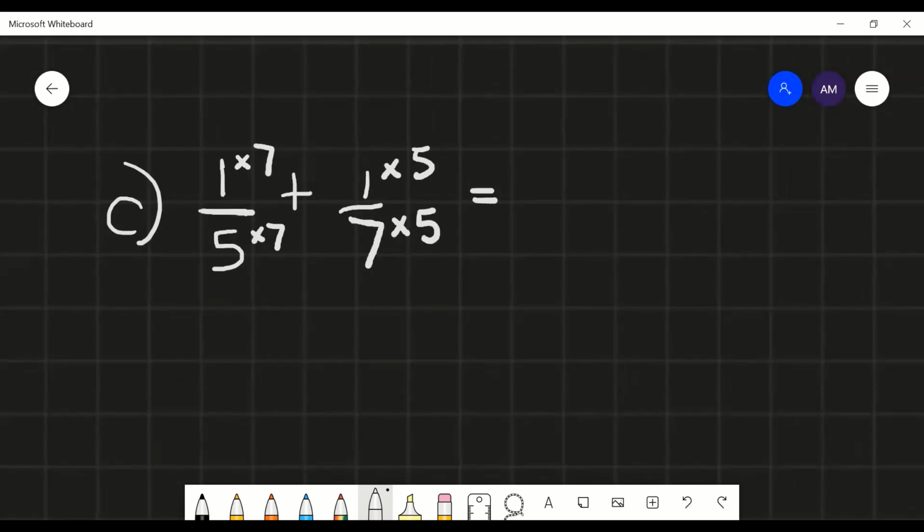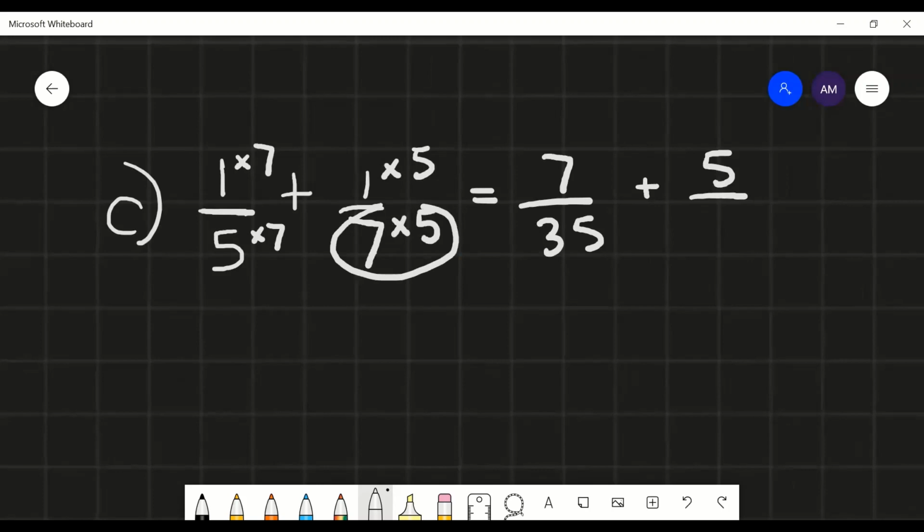because the first fraction, 1 times 7 is 7. 5 times 7 is 35, plus 1 times 5 is 5. 7 times 5 is 35.